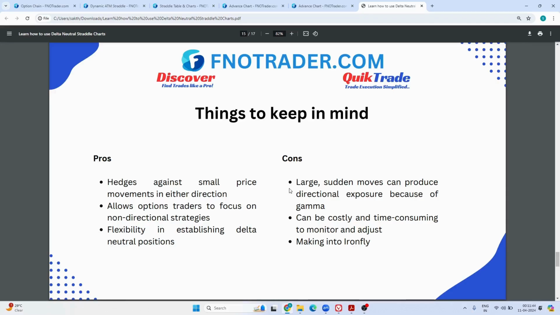Now you think that, okay, I have a directional exposure. If you want to avoid that and make it into an iron fly, again, an iron fly means you are basically shorting the straddle and then buying some OTM call and OTM put to hedge yourself from the directional exposure. When you do that, what happens? Your returns come down drastically.